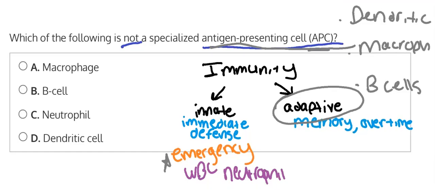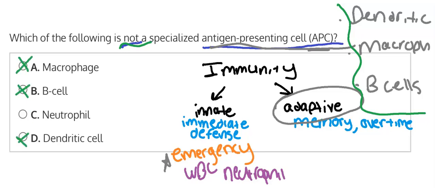So that being said, this question is asking which is not a specialized antigen presenting cell. We have identified the dendritic, macrophage, and B cells as being antigen presenting cells, so we can eliminate all of those options from our list of choices.